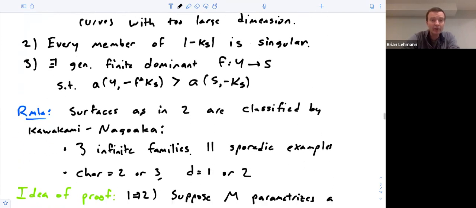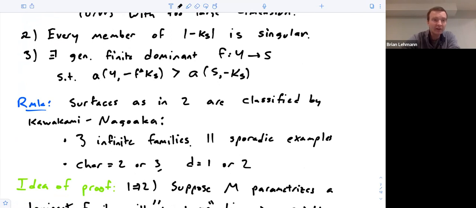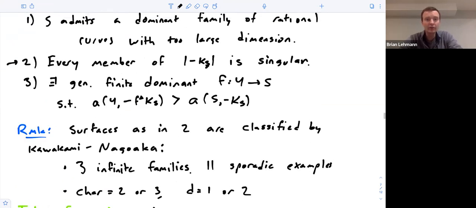Okay. So let me remark, the surfaces satisfying condition 2 are classified by Kawakami and Nagaoka. They were interested in studying different types of pathologies for weak Del Pezzo surfaces, and in the course of their study, they actually classified surfaces satisfying this condition.